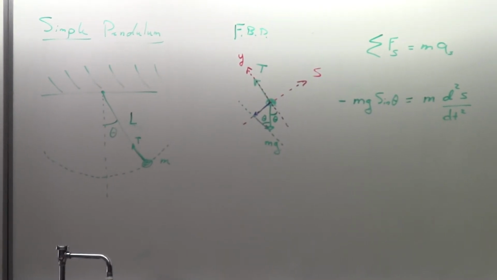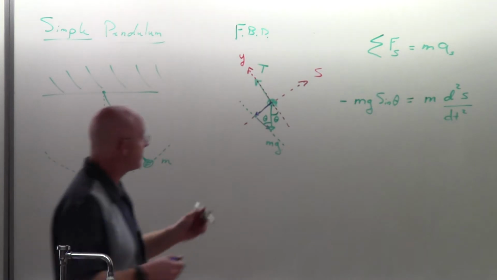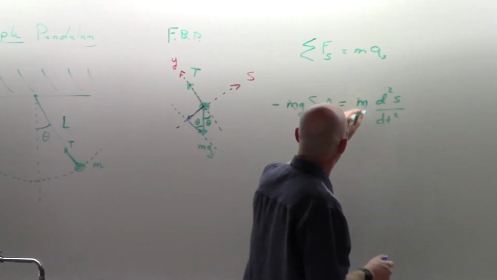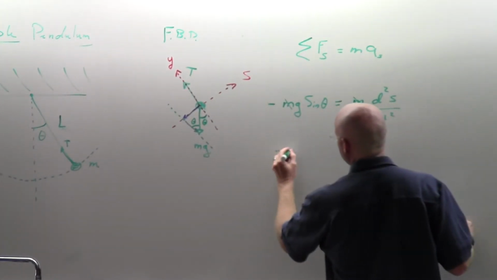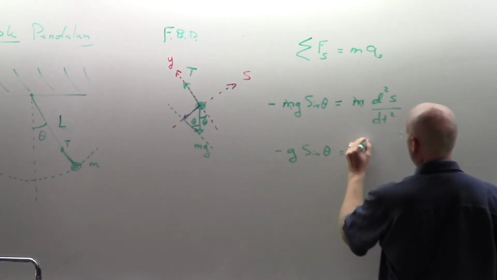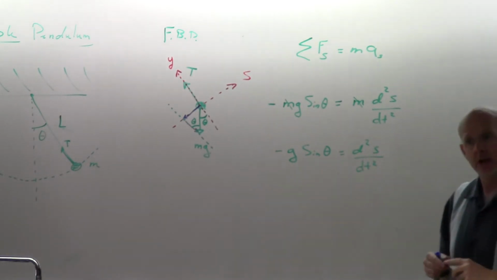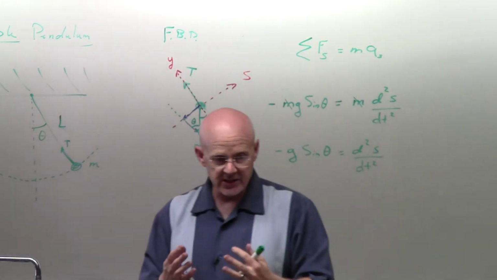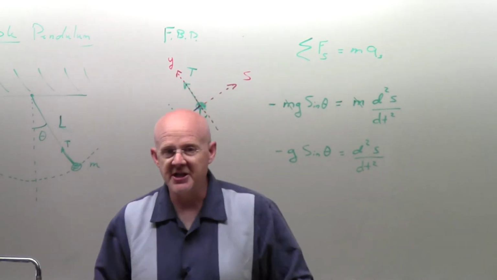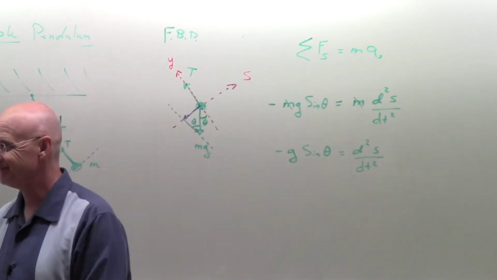All right? Now, can you kind of see that this is looking a little bit like this? In fact, maybe one of the easiest steps is to cancel off the m. And as you'll see here, the pendulum's a little bit different in the sense that the frequency, the period, all these wonderful equations will never have an m in them.